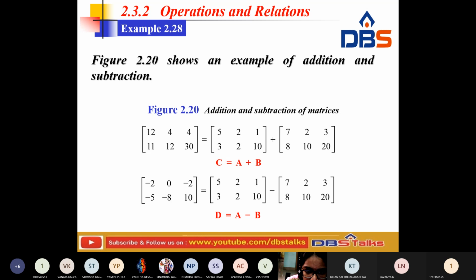Next, the second row second element in each matrix will become 12. And next, the second row third element in each matrix: 20 + 10 will become 30 here.